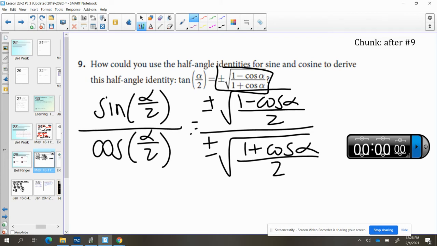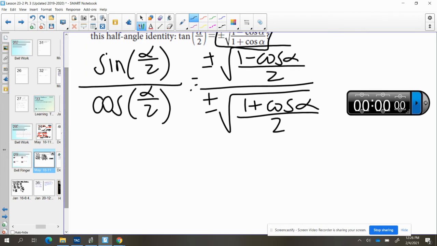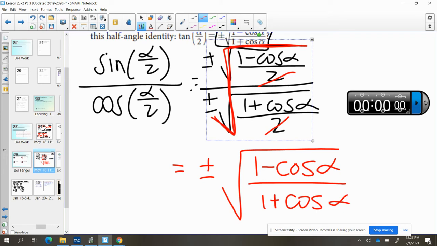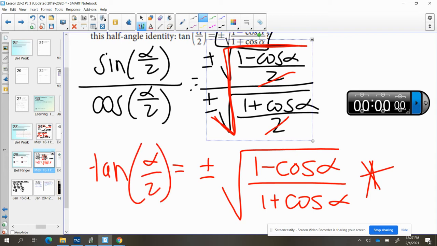We can make these two square roots into one giant square root, and for the fraction within a fraction, the 2s cancel. We're just left with one big plus or minus square root, with 1 minus cos alpha on the top and 1 plus cos alpha on the bottom. That's our third one, for tangent of alpha divided by 2.